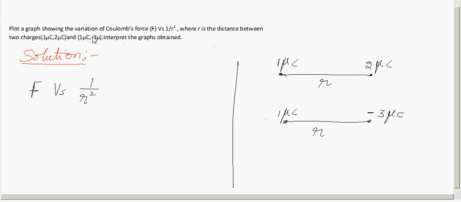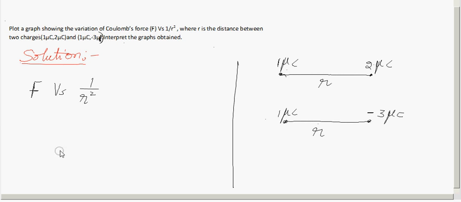Just note down, this is minus 3 microcoulomb. We need to plot F versus 1 by r square for these two pairs of charges. Now we need to know how the value of F varies for these two pairs of charges.